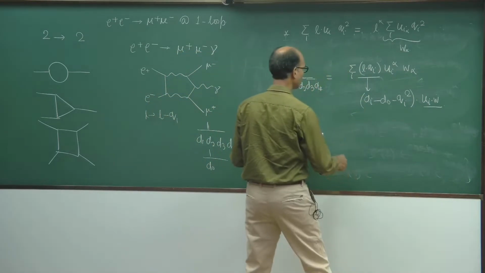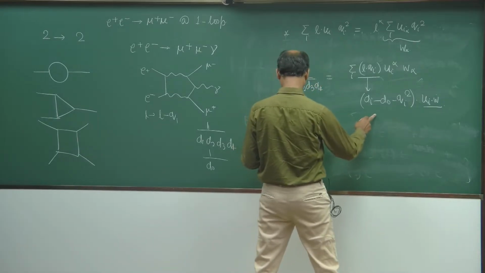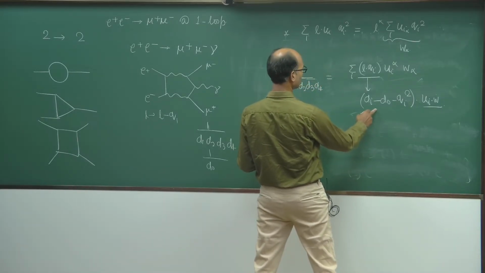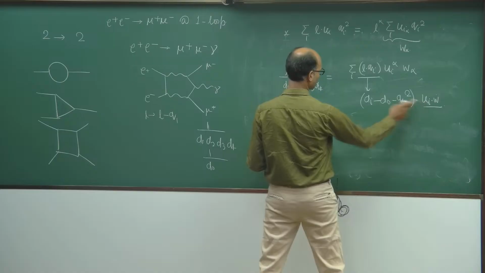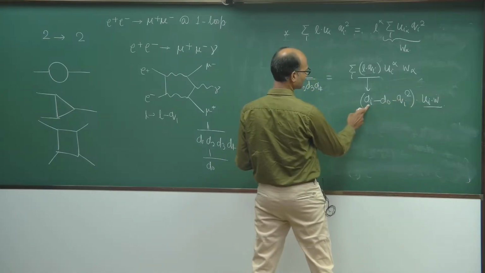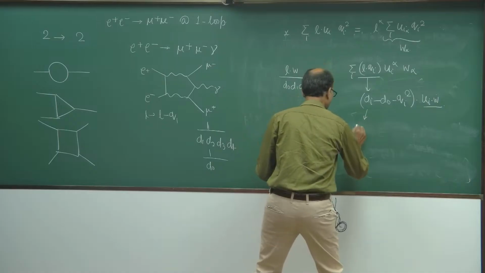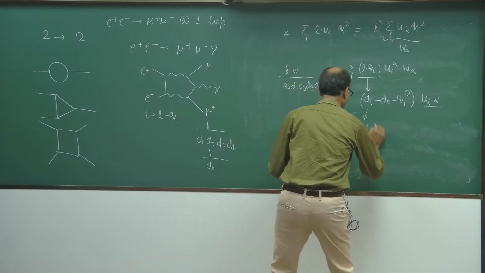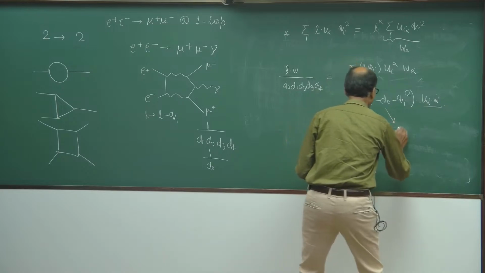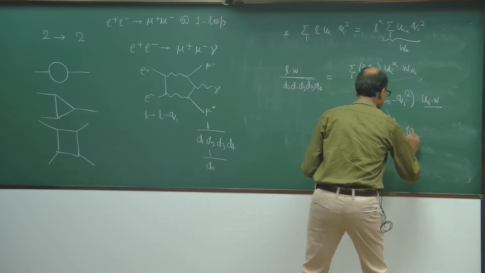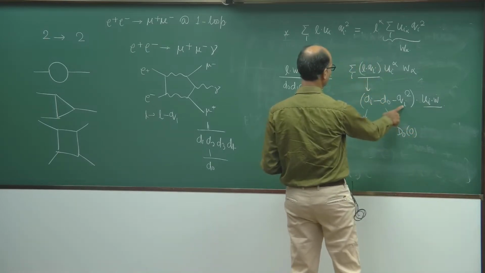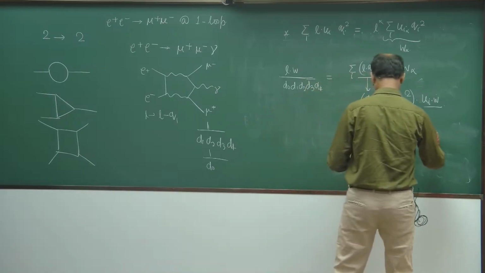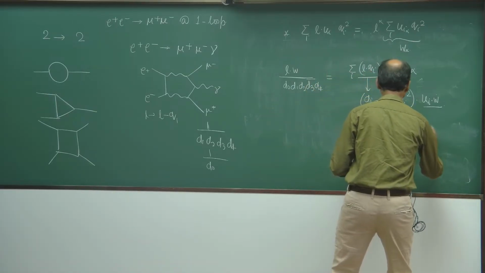And I am going to get from here, in terms of missing propagator notation, D0 with missing i. From here I will get D0 with missing 0, and from here I will get E0.